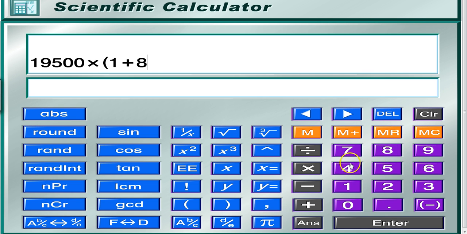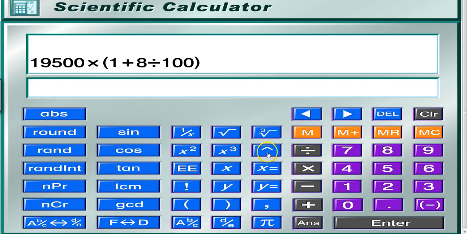I don't have a percentage sign, so I need to divide it by 100, right parenthesis, and then I need a power function.